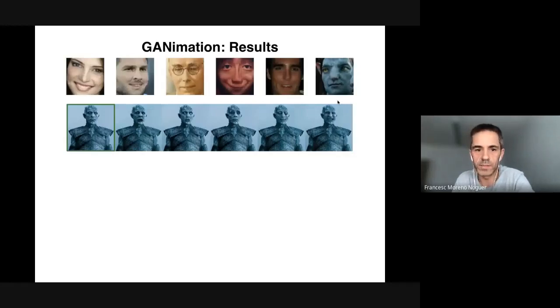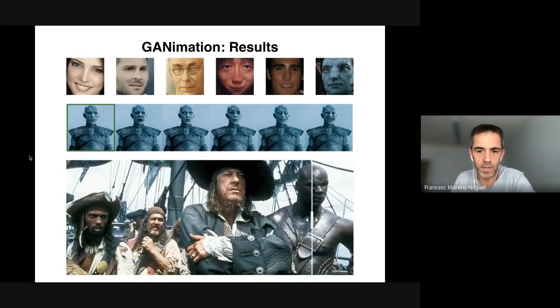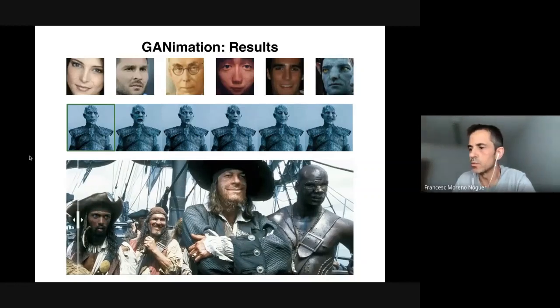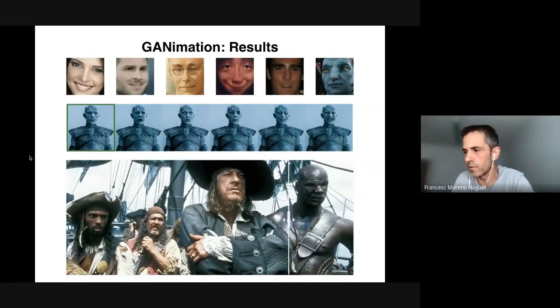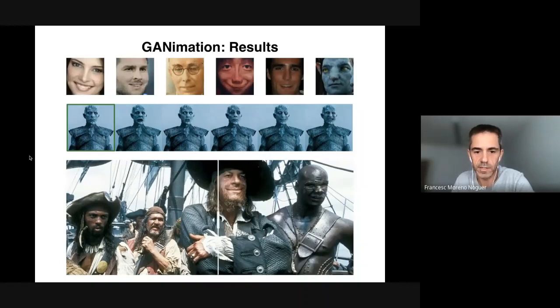More examples here. This character is probably familiar to a lot of you. And in this example, that's an image of the Pirates of the Caribbean. Just pay attention to each one of the characters, and you'll see how the expression of the face is quite realistically changed.